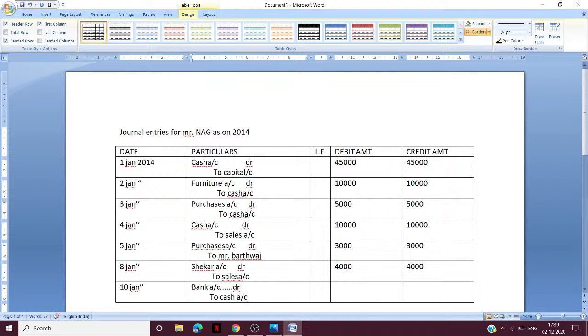So this is a transaction for when cash is deposited into bank. You always have this transaction. Remember, what is the amount? 2000 in both the sides. So write as it is.